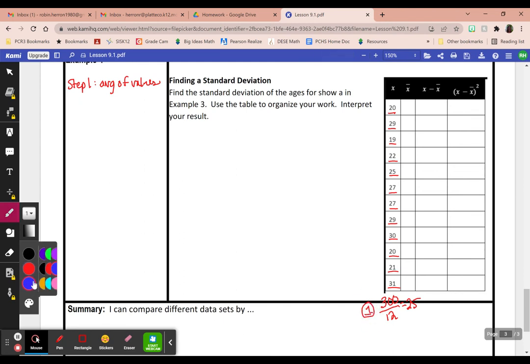Okay, step 2, we are actually going to subtract the values from the answer in step 1.